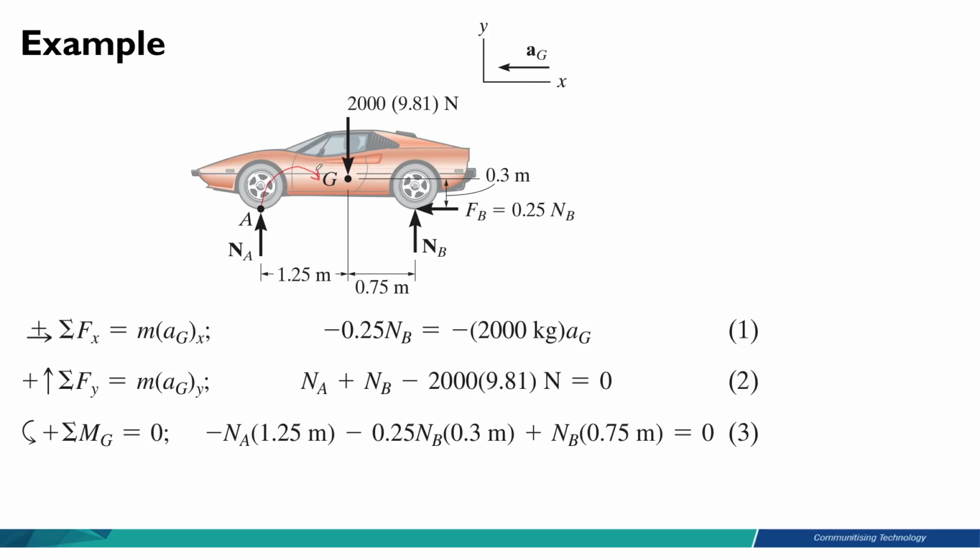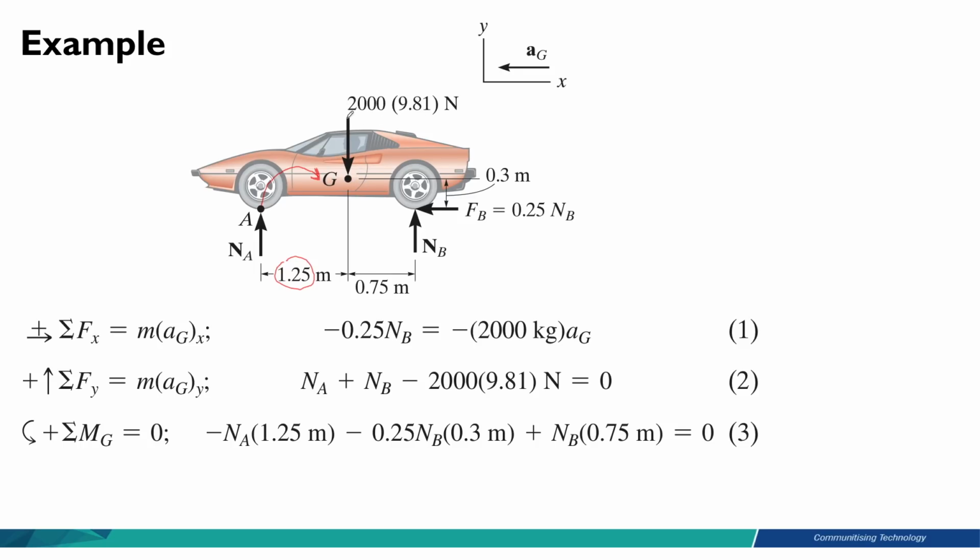So this will be negative because it is clockwise. Therefore, we have minus Na times 1.25. This is the distance between Na and point G, because we are now calculating the moment about point G. So everything has to be referred to point G.